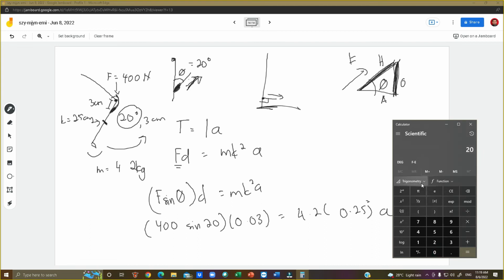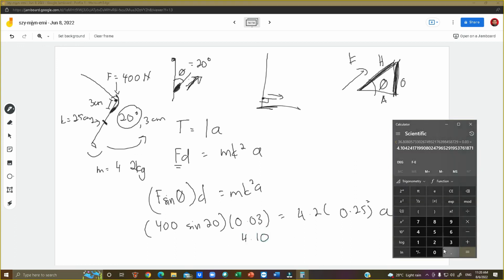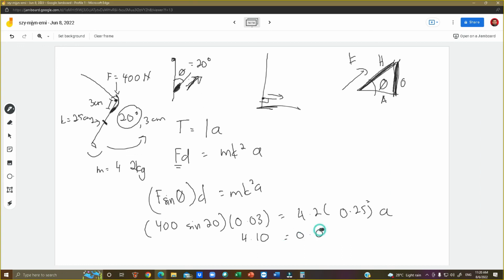We have sin 20 kali dengan 400 kali dengan 0.03, 4.10. And then 0.25 square times 4.2. We have 0.0125 alpha. Automatically, alpha equals to 410 divide 0.0125.